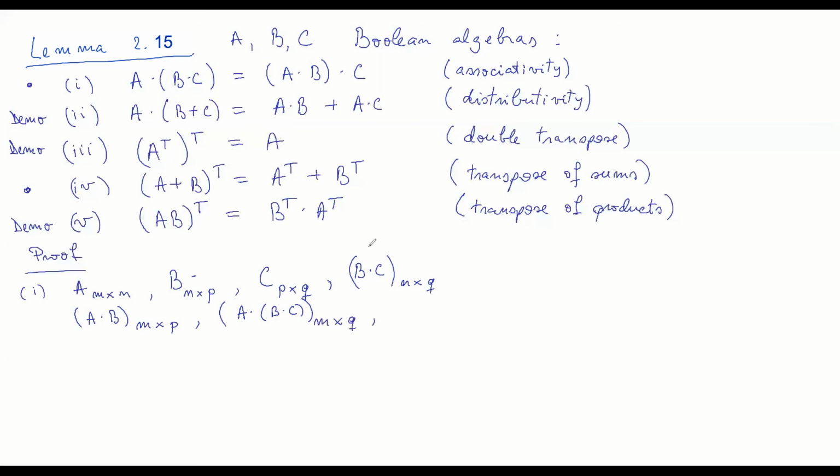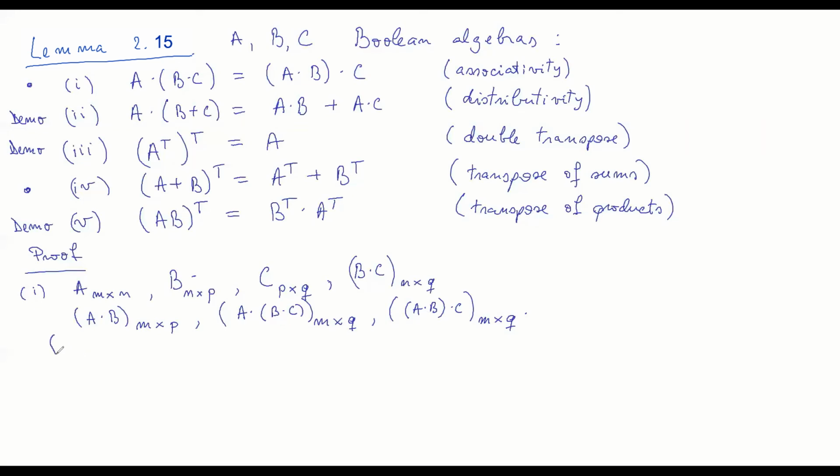And the matrix on the right-hand side, A times B is m times p, and p times q, so altogether it's m times q. So the types of the left-hand side and the right-hand side are the same, so we have a chance of proving this property. Now I'm taking an element of this matrix, and I'm going to show that it's exactly the same as the corresponding element of this matrix.